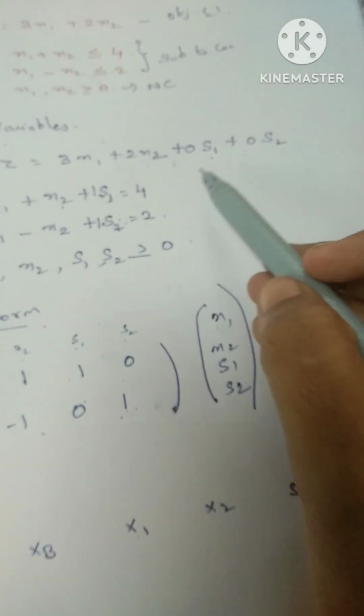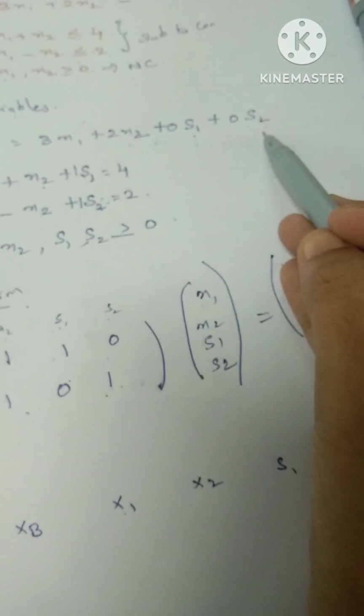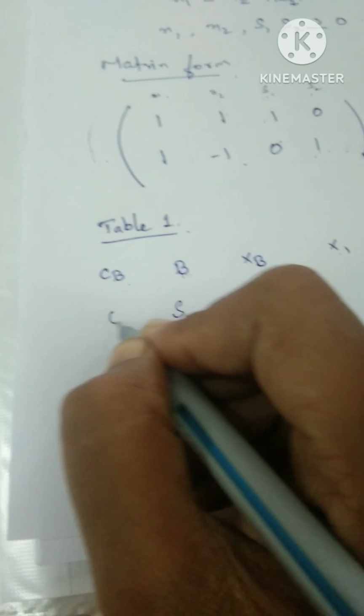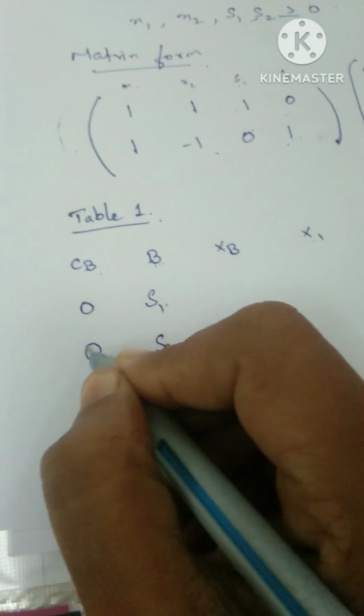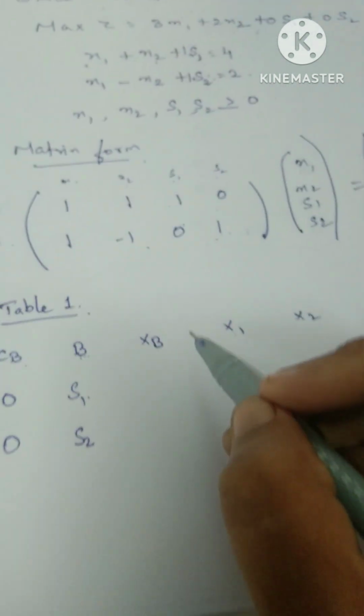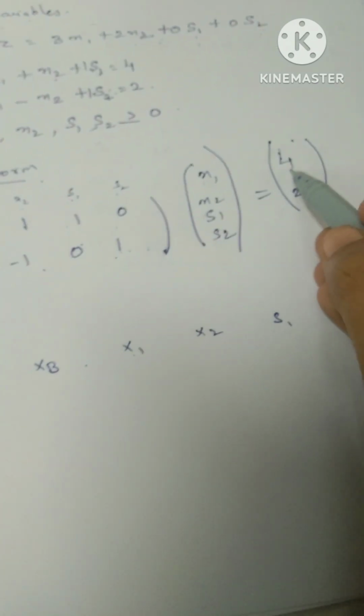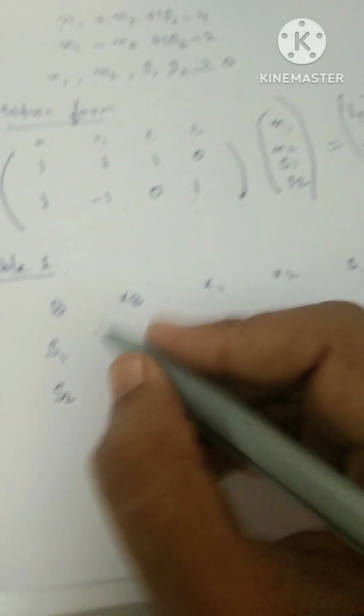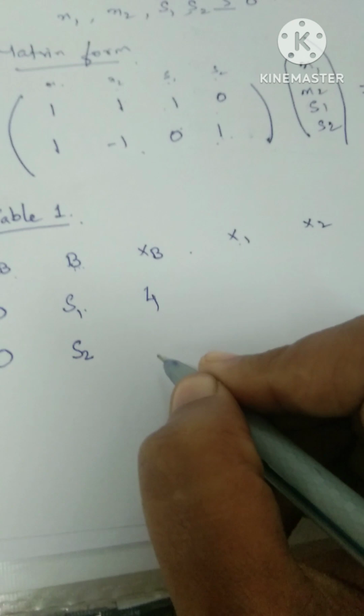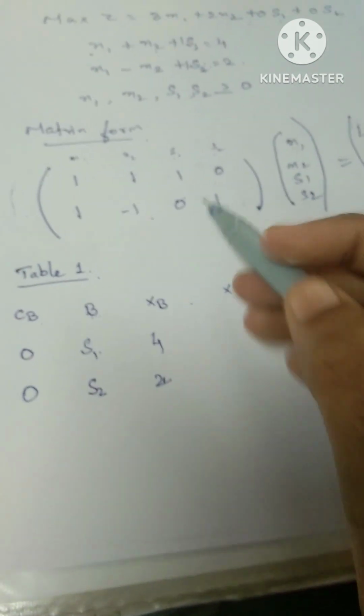The value for S1 is 0 and for S2 is 0, so CB, the slack coefficients, I mentioned as 0. What about XB? XB is nothing but the values after the equals sign, so 4 and 2. These values should be marked here.